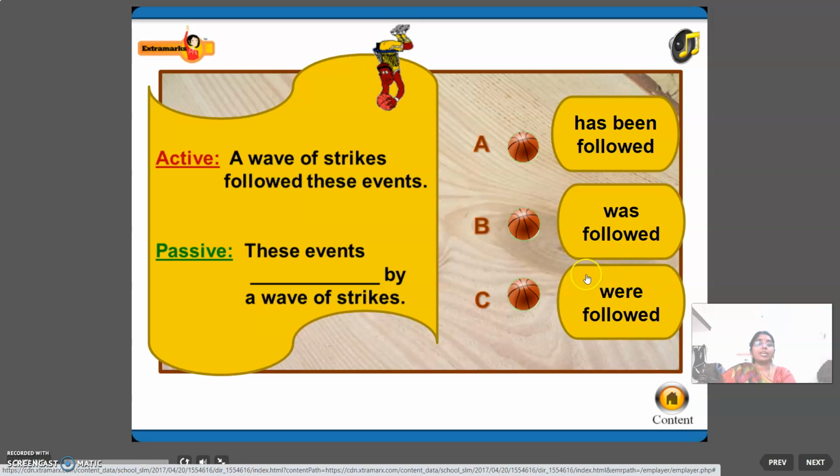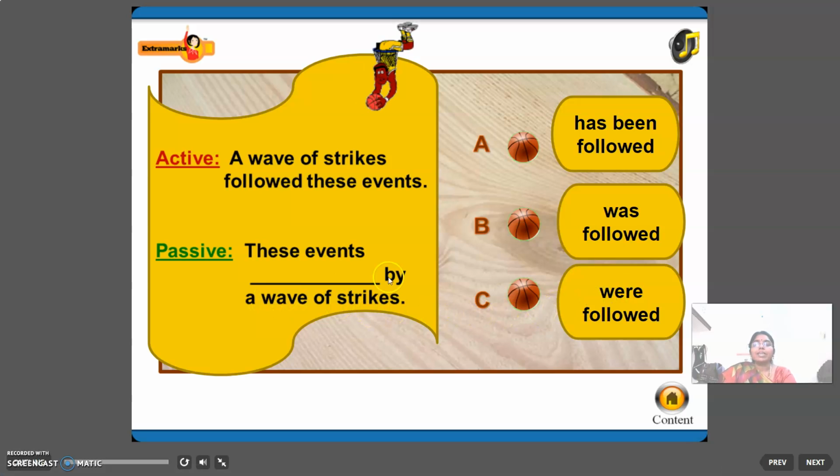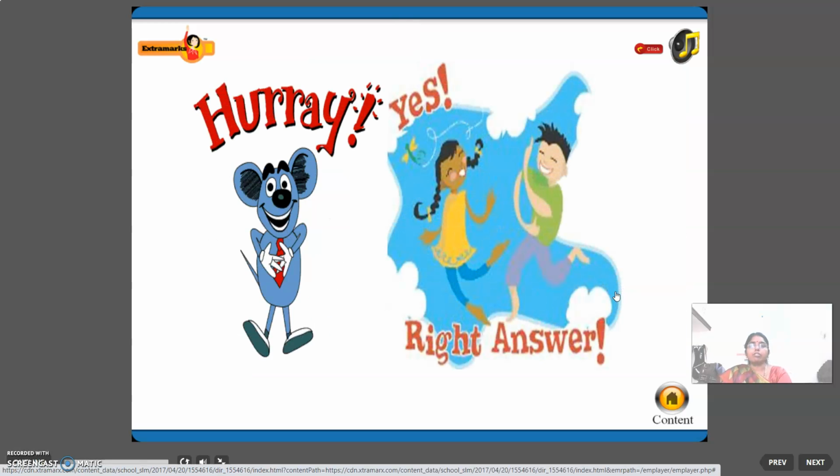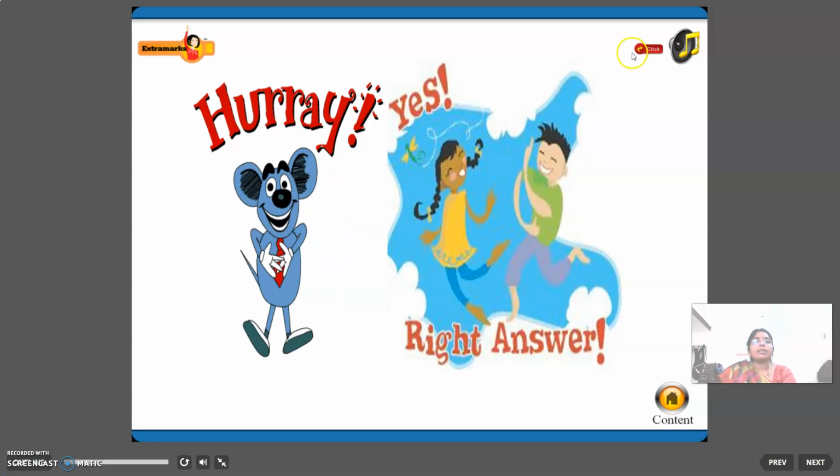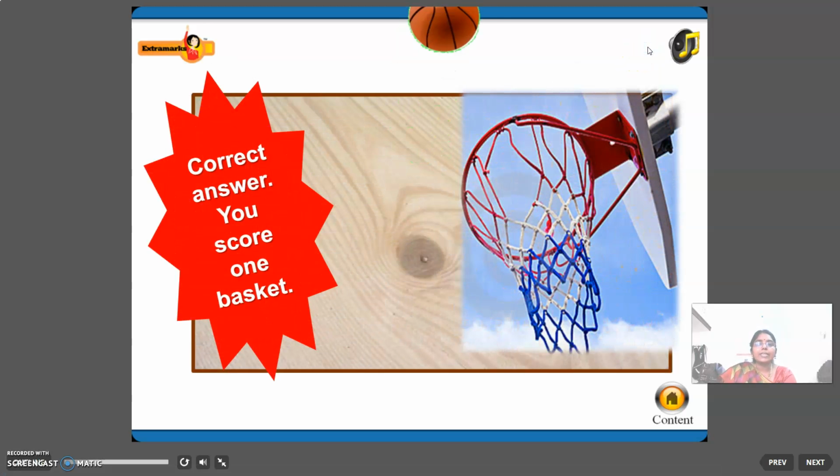So what we have to click is was or were. There is a confusion. Events is plural. So let me click were followed. Okay. So this is how I will try to follow that. Now I am clicking the right answer. Fantastic. Ball falls into the basket.